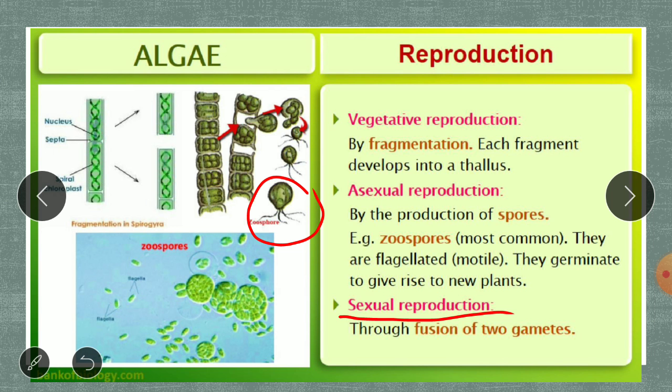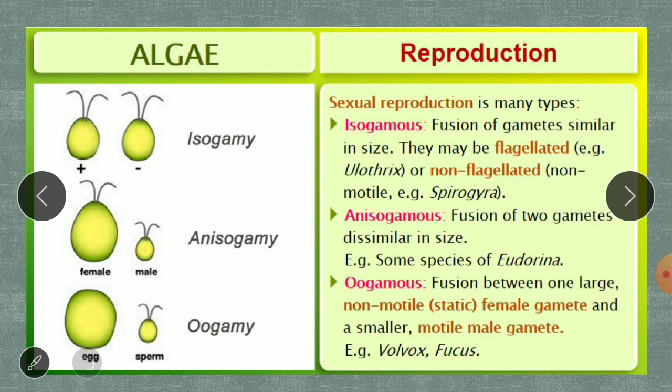Then coming to sexual reproduction. Sexual here comes through fusion of two gametes, wherein the seed is produced. For example, whatever fruits you are using, whatever seeds are there, seeds are formed by sexual reproduction only. In sexual reproduction, the seed is formed by the fusion of two gametes.